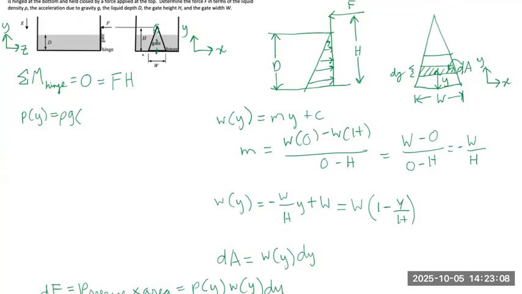The depth of the water on the gate can be represented as d minus y, where y is some distance up the gate, so d minus y will be this distance over here.